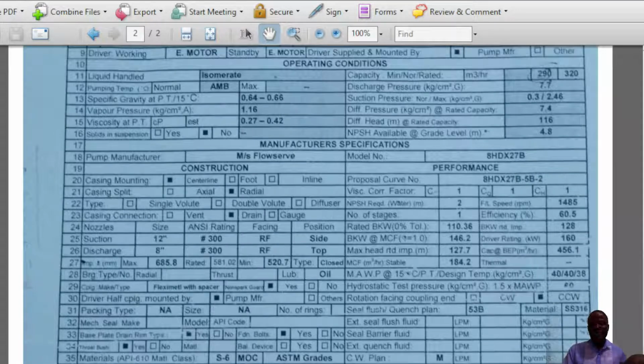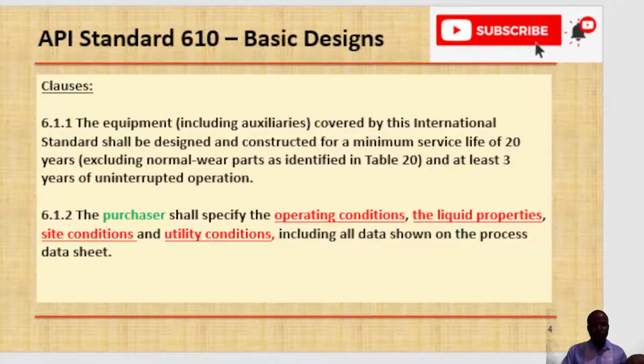So as per API 610, it is expected that as a purchaser, you specify what? You specify the operating conditions, you specify the liquid properties, you specify your site conditions and your various utility conditions.